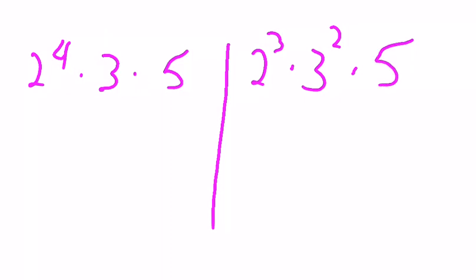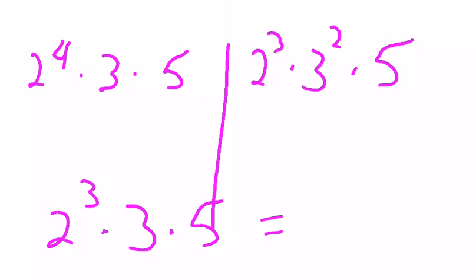So we look for the ones that are in common. They have a 2 in common, but how many 2's do they have in common? They have 2 to the 3rd in common. And then we look at the 3's, and they have a 3 in common, but only one of them. And then they have a 5 in common, and again, only one of them. So this is the GCF, 2 to the 3rd times 3 times 5.